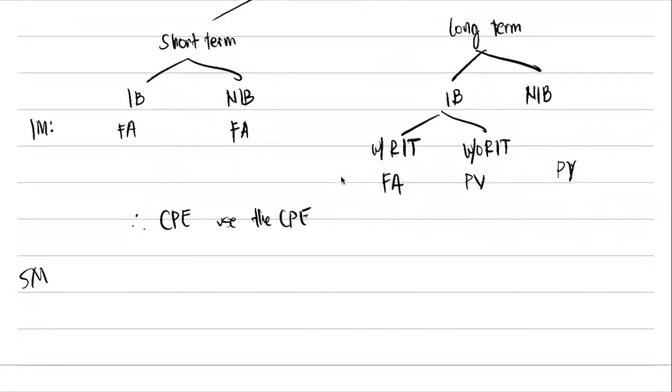If the initial measurement is face amount, we subsequently measure it still at face amount. However, subject to impairment. And what is the subsequent measurement after impairment?